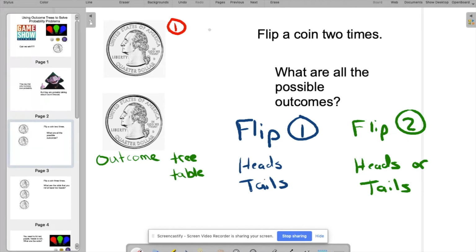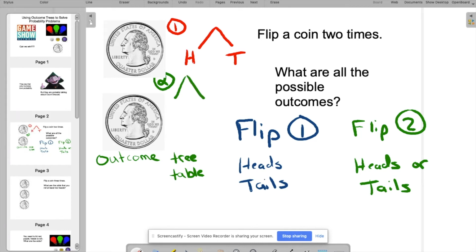So event 1 is we flip a coin and the coin has 2 possible outcomes. We have heads and we have tails for event 1. Event 2 then also has 2 possible outcomes, except off each of these outcomes, the tree branches off, hence why we call it a tree.